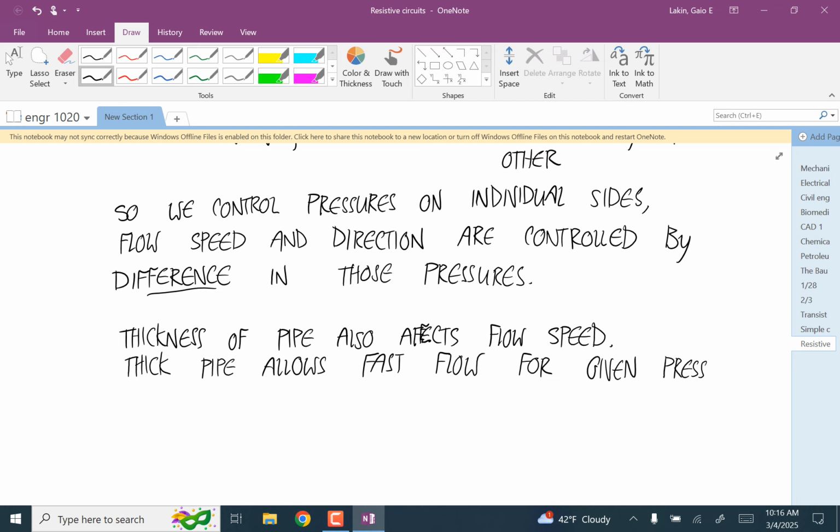So think of them as being infinitely strong. We're not worried about the pipe breaking, but think about a straw versus a plumbing pipe. For the same difference in pressure, the water is going to move more slowly through a straw than it is through a thick pipe. Okay. You mean the radius? The radius, yeah.